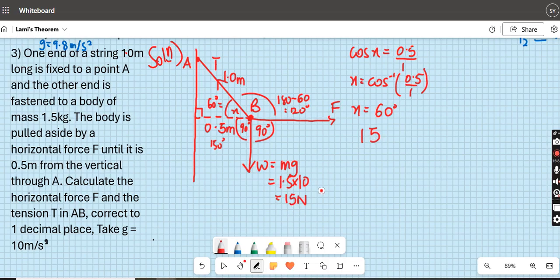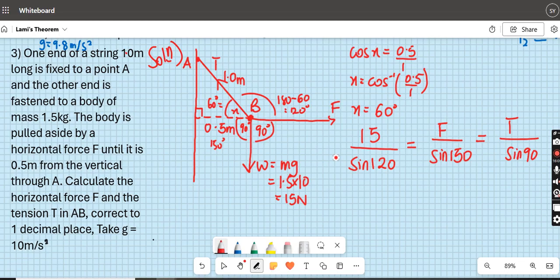15, which is the weight, over sine 120, the angle between the other two forces, is equal to F over sine 150, the angle between the other two forces. And that should be equal to T over sine 90. Okay?